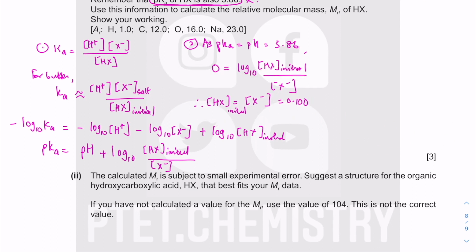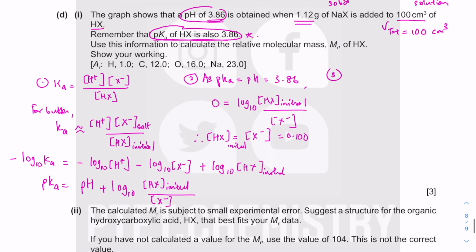And then what else? I need to calculate the relative molecular mass of HX. So we know that the concentration of the HX is equal to the concentration of the salt. Alright. What else do I need? So I have 0.100, which is the concentration of the acid.